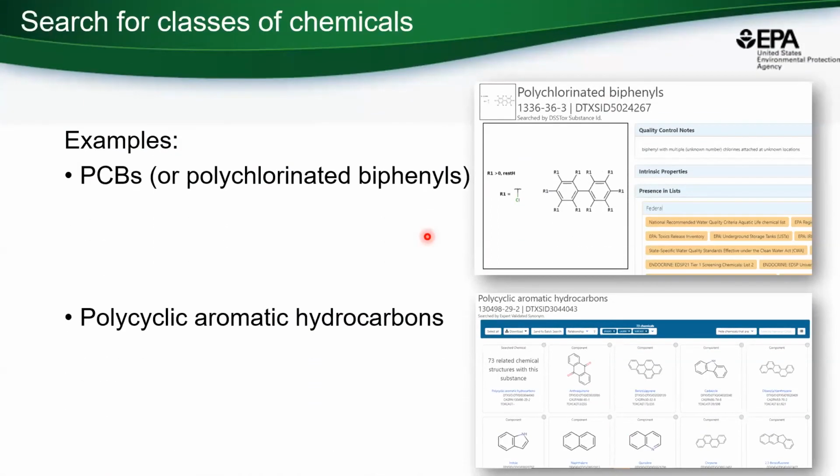Not only are we searching for unique structures, but there are ways to go into families of chemicals or categories, if you like. For example, one of the questions at the beginning of creating the dashboard, I went around and talked to people for a number of months to try and see the most basic needs that they would have. And one person said, I would just like to get all the CAS numbers for all of the PCBs in existence. And you would think that would be quite easy.